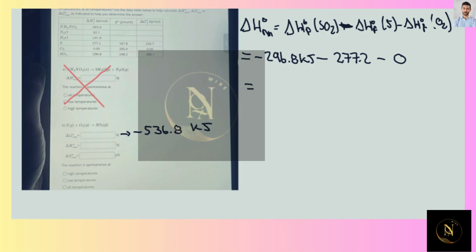So we're going to end up with minus 296.8 minus 277.2, minus 574 kilojoules. In this case, we should plug in here minus 574.0 if we want to be consistent with the number of significant figures.